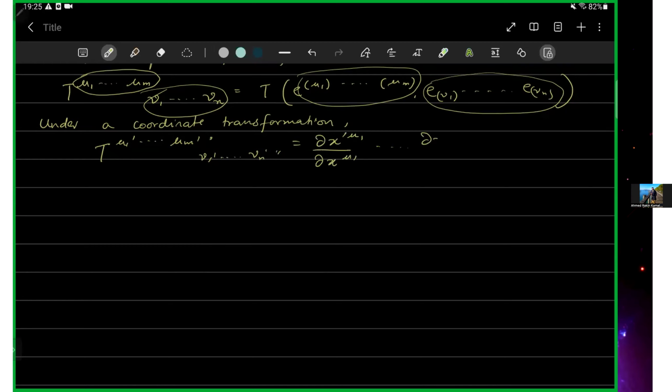And this would go up to m. Okay. And for the downstairs indices, I would have the primes downstairs, right? So let me write this as nu1 prime, nu1 up to n. And this would be my transformation law.